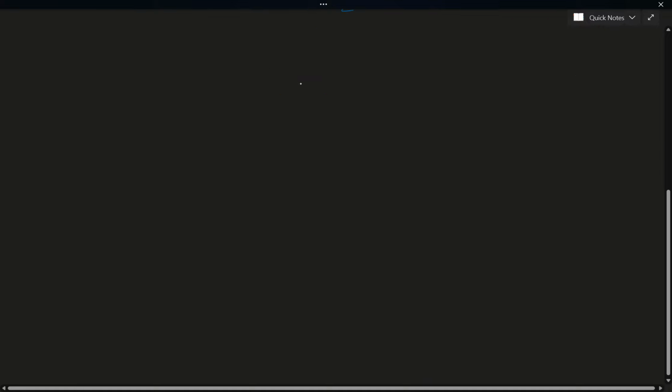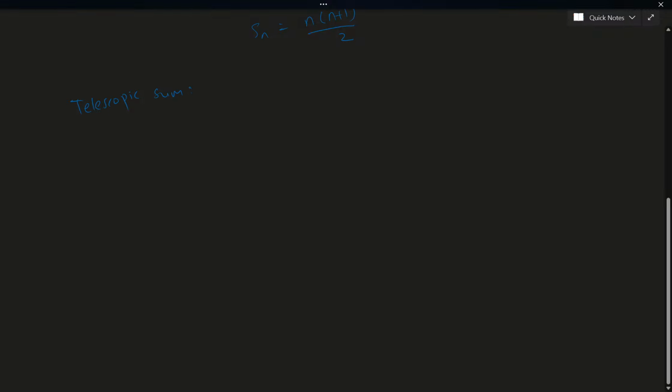I'm going to show you another proof which uses the telescopic sum. A telescopic sum is where the subsequent terms cancel out, and this basically leaves behind the first and the last term.